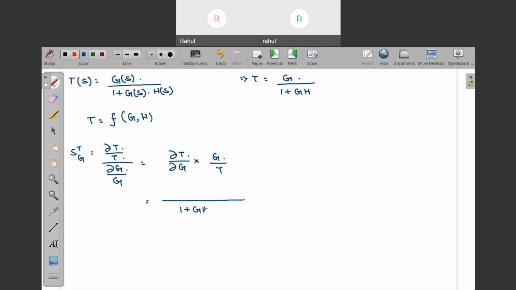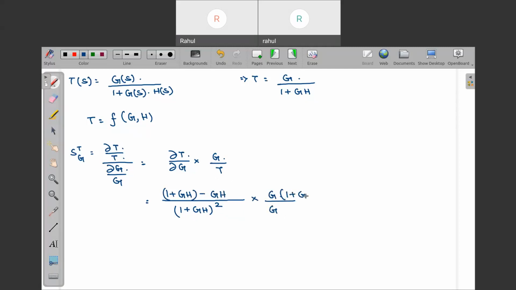1 plus gh whole square. So 1 plus gh minus this will be what? gh, into g divided by t. So the value of t is g divided by 1 plus gh.